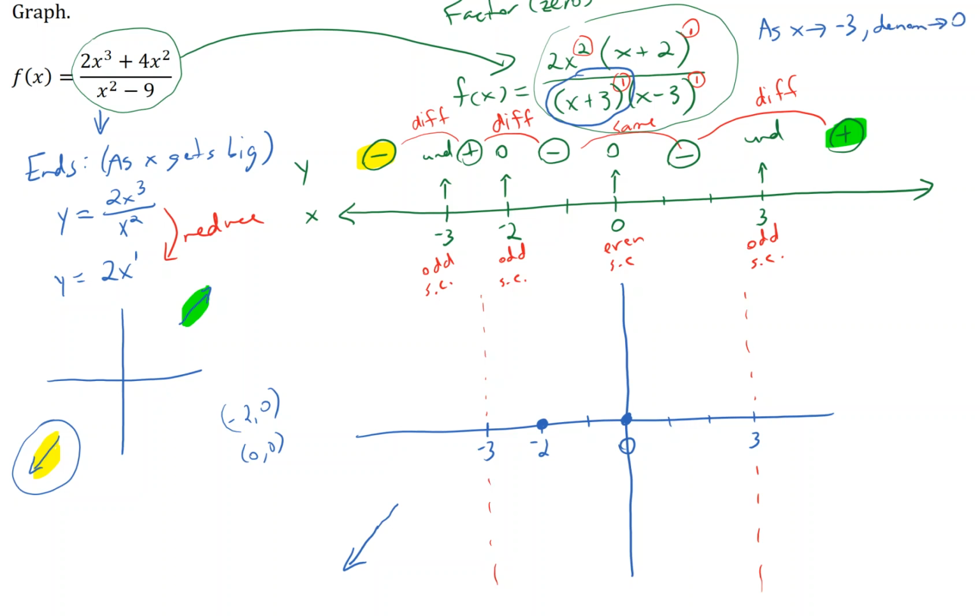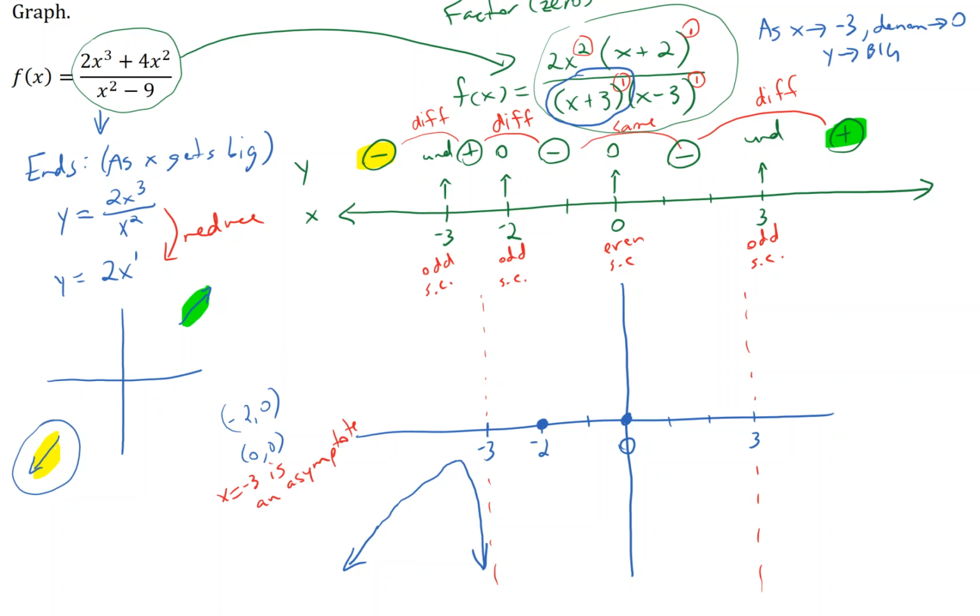And when I divide by something really tiny, I get a really big y value. So my y values, as I get close to negative 3, are really big, but they have to be negative y values. So my graph's going to turn like that. And so x equals negative 3 is an asymptote, because my y values are getting big near it.